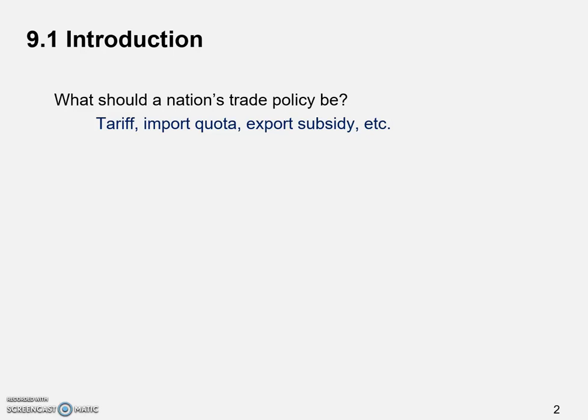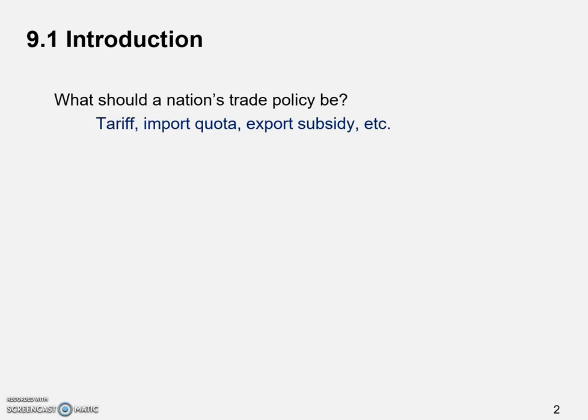When we talk about trade policy or policy instruments, we specifically mean tariffs, import quotas, export subsidies, etc. Of course, these three are the most commonly used by governments and most commonly debated. Tariff means the tax imposed on exports and imports of goods and services.